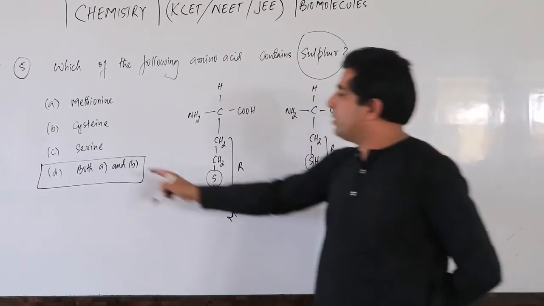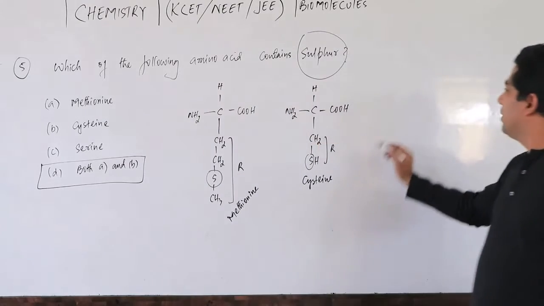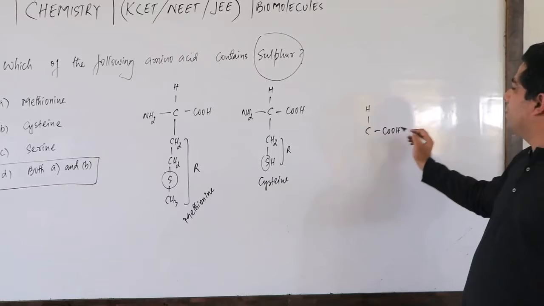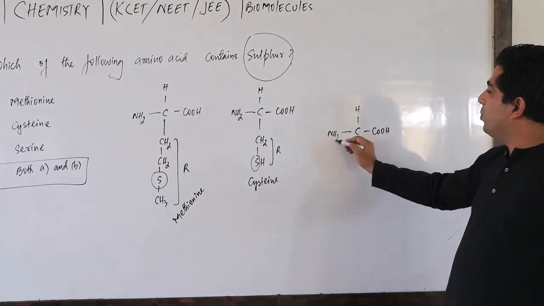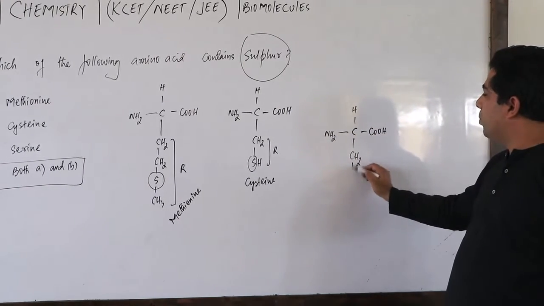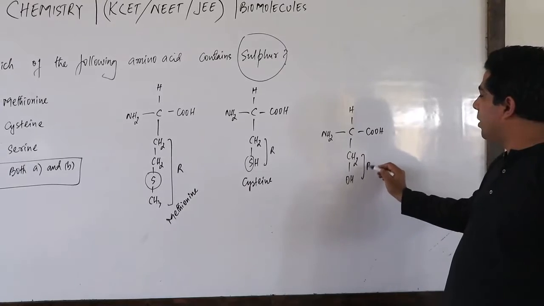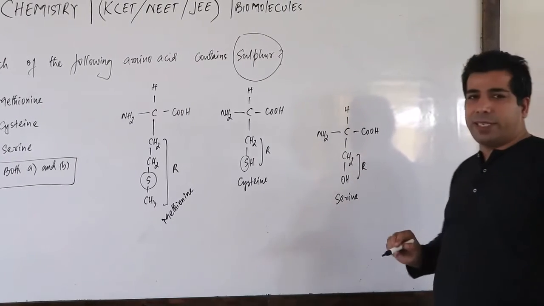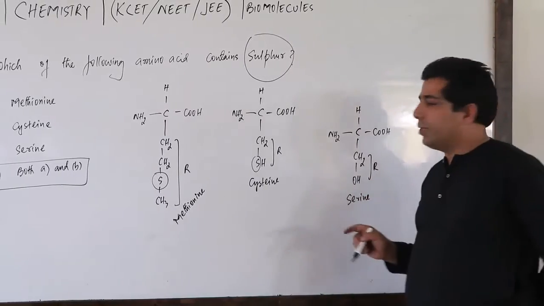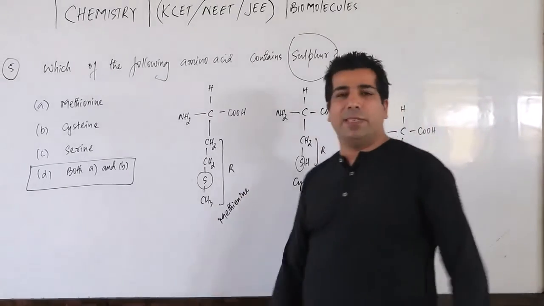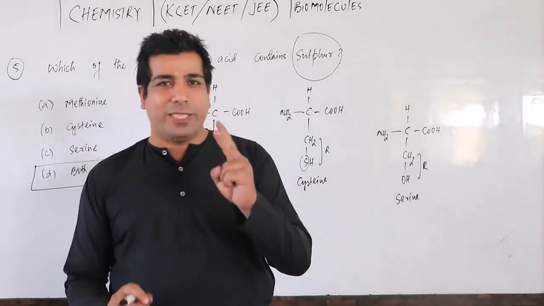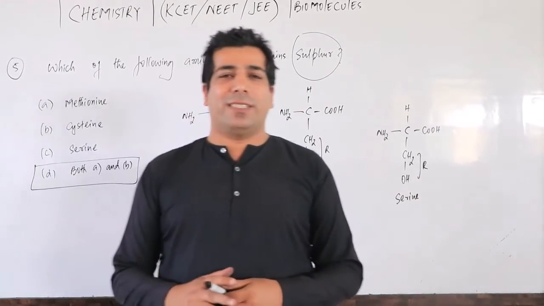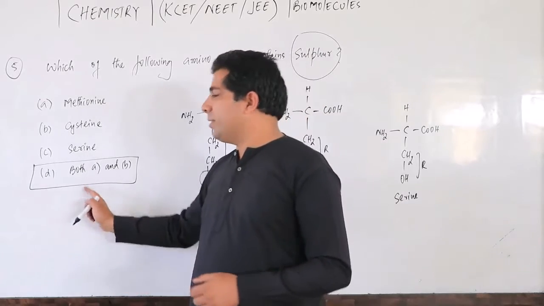Now the serine amino acid will be like this: H, COOH and NH2, then CH2OH. This is the side chain R group, and that is serine. This does not contain sulfur, it contains an alcoholic group. So please remember, the two amino acids which contain sulfur are methionine and cysteine. So the answer is option D.